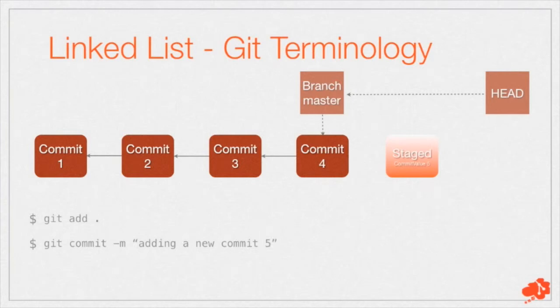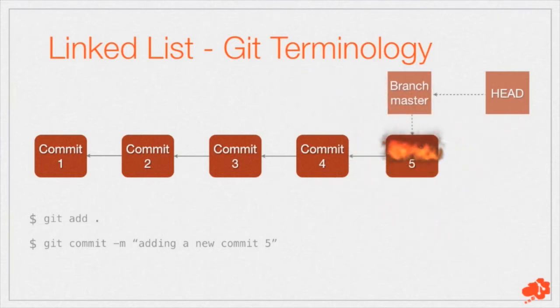When you're ready, you commit all of the changes and the commit value that come out of those changes, and they go from the staging area into a new commit node. And that commit node is inserted at the head of the list following the same algorithms we saw earlier. Now notice, head didn't move, but if you ask Git what its head points to, it will say commit 5. That's because the master branch was moved to point to commit 5.